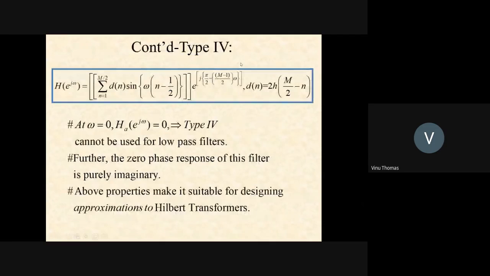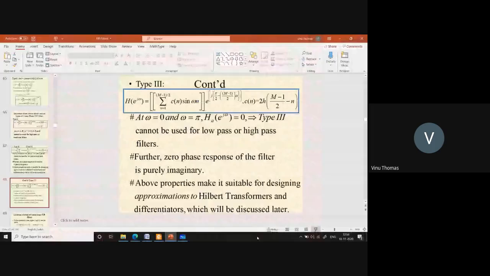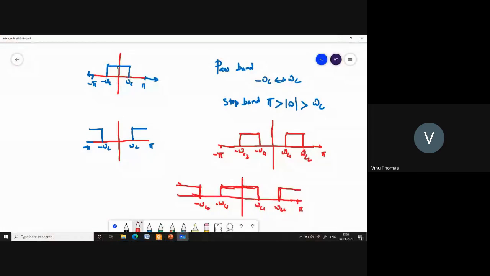And now for type 4, at omega equal to 0, you cannot design filters that have non-zero value at omega equal to 0, which means you cannot design low-pass filters or band stop filters.